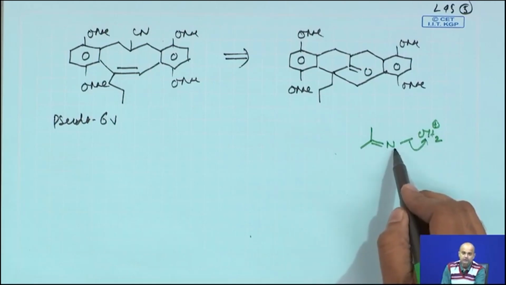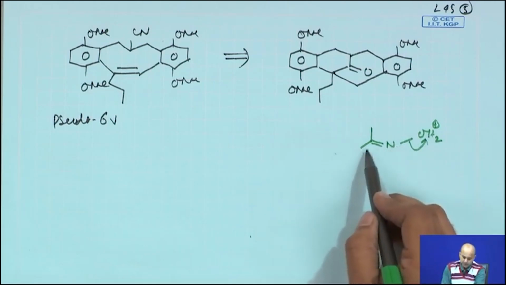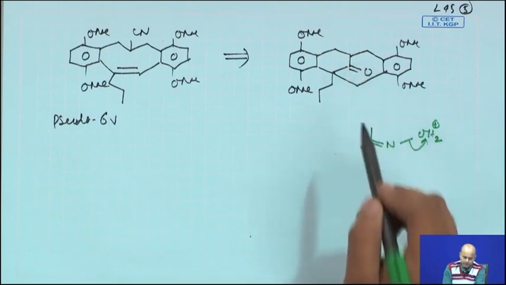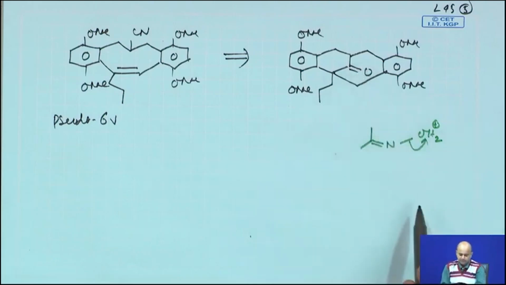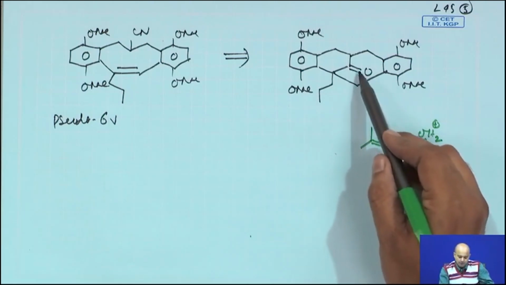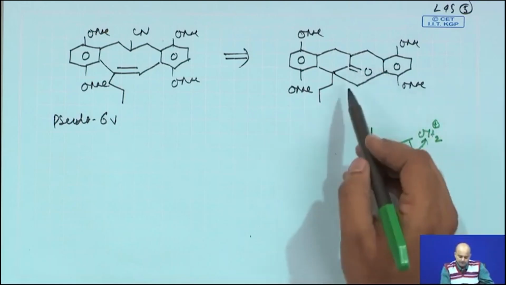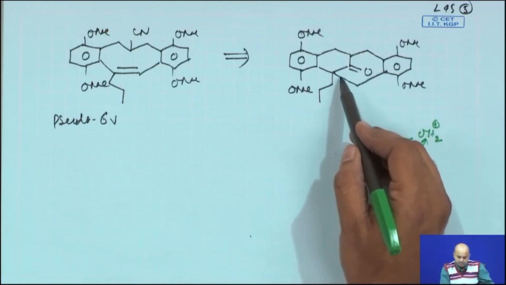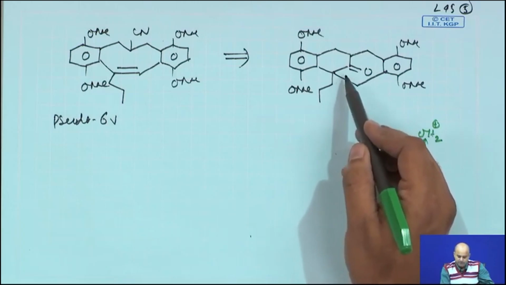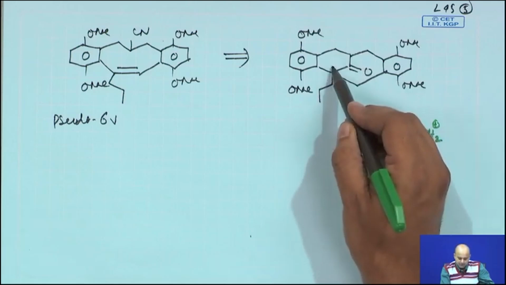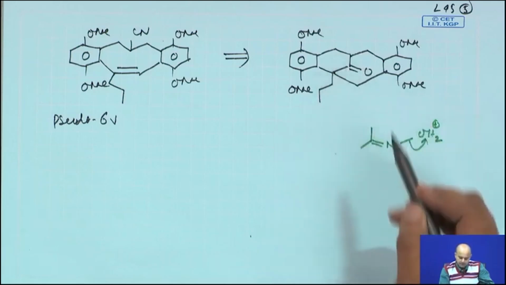So, you have an electron deficient nitrogen. Now, here if you see this compound, you make an oxime, and once this OH2 plus goes, you will find that this bond fragmentation will give you a positive carbonium ion here.